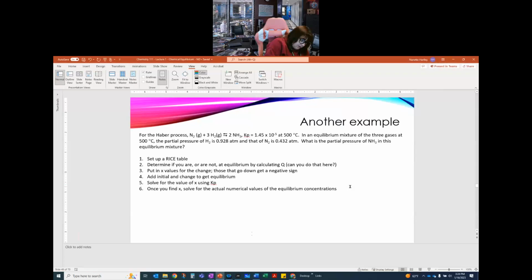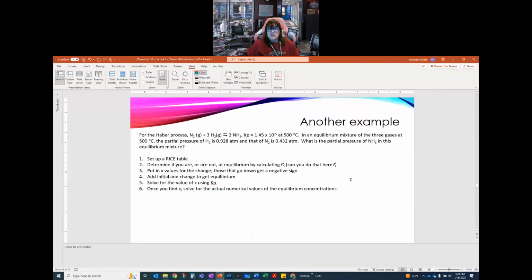So I can say that P squared NH3 is equal to 1.45 times 10 to the minus fifth times 0.432 times 0.928 cubed. So I've multiplied the bottom values.